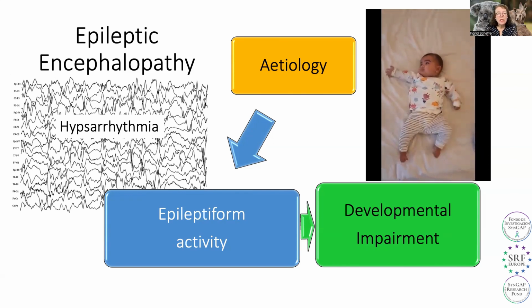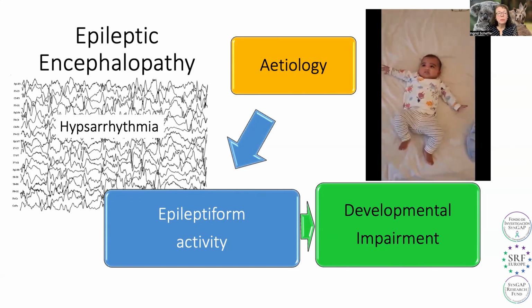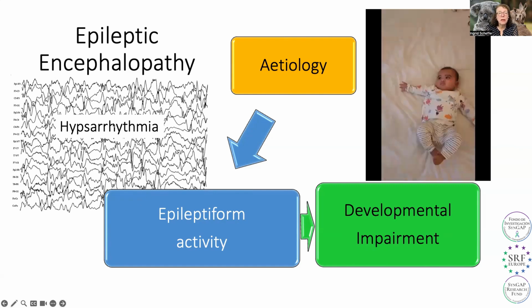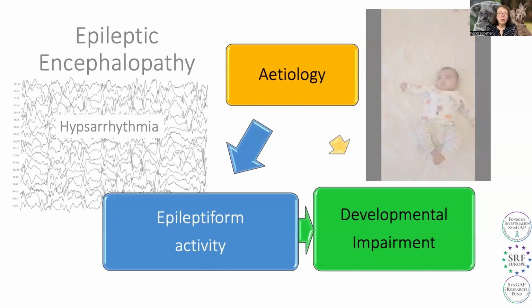And these infantile epileptic spasm syndrome are associated with a very abnormal EEG called hypsarrhythmia. And the baby typically shows developmental regression with loss of skills. So that's what an epileptic encephalopathy is.